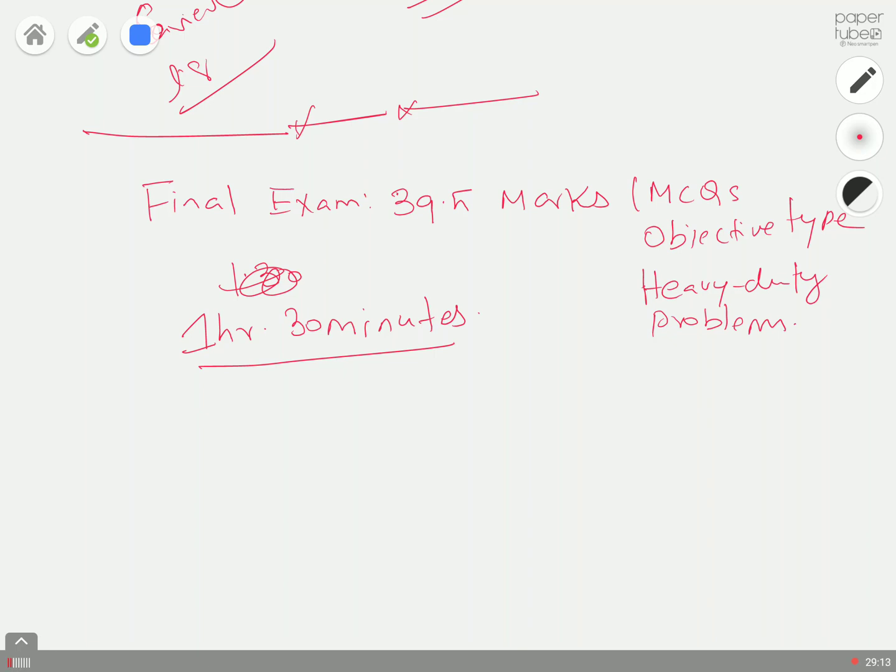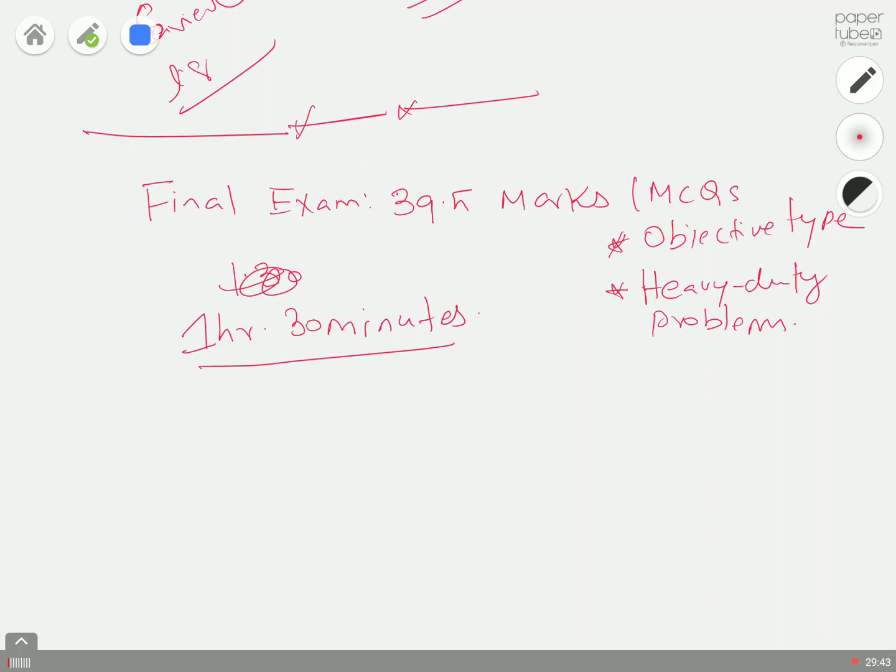You can solve it in less than 1 hour if you practice whatever I'm going to solve during the tutorial hours or lecture hours. If you don't practice, you won't understand. A few students complain they couldn't understand the question paper, and that's because they don't understand the concept. If you know the theoretical concept, then you will solve things very easily.